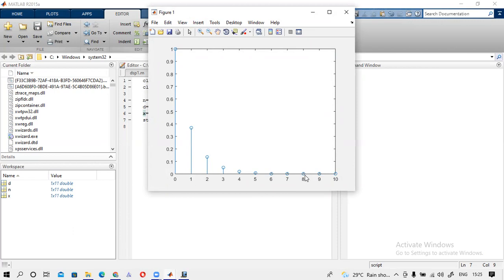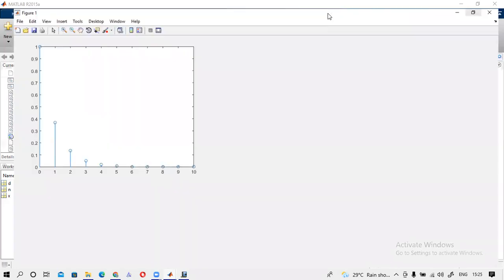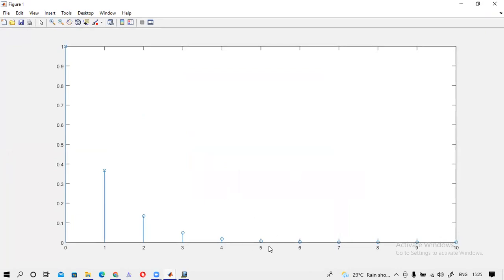But if you maximize the scale, you can see some very small line is there. So actually this point is not at 0. Some values are there. But this is okay.